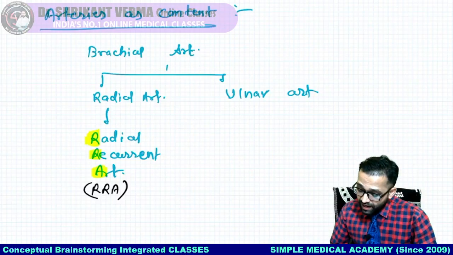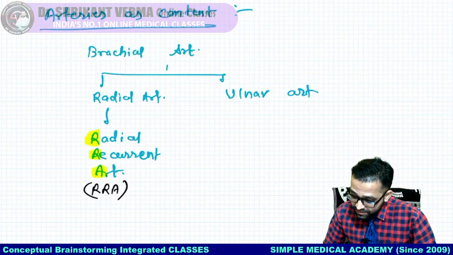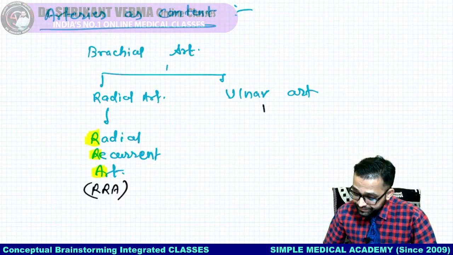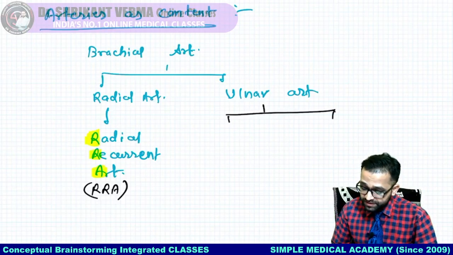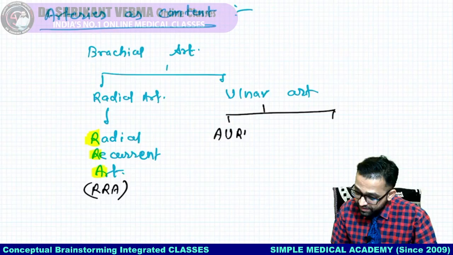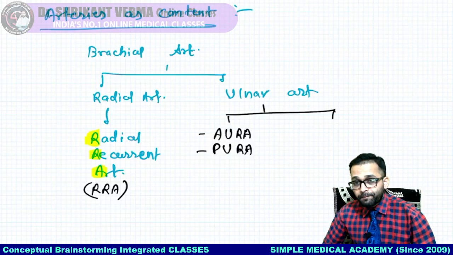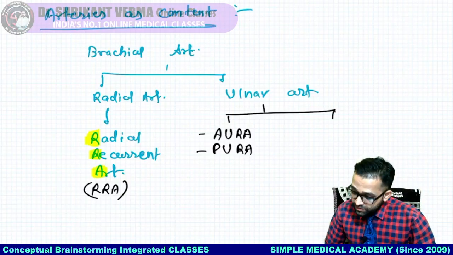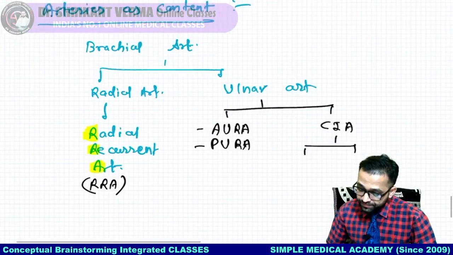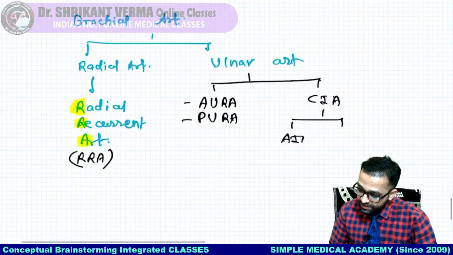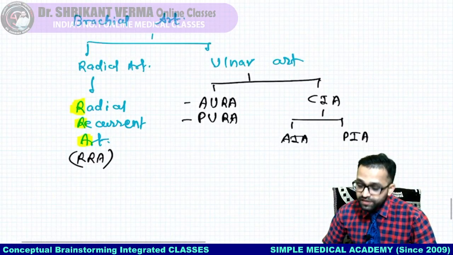While the ulnar artery is giving different kinds of branches. What are the different kinds of branches? Yes, anterior ulnar recurrent artery, posterior ulnar recurrent artery, AURA and PURA. And then it was giving the common interosseous artery, which was dividing into the anterior interosseous artery and posterior interosseous artery.